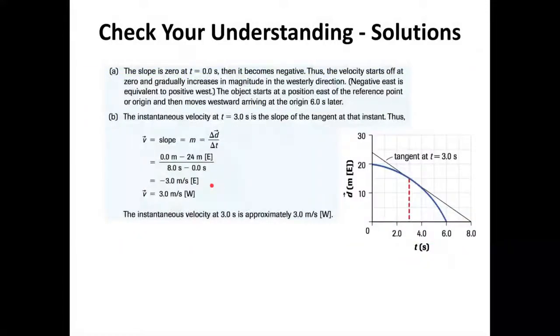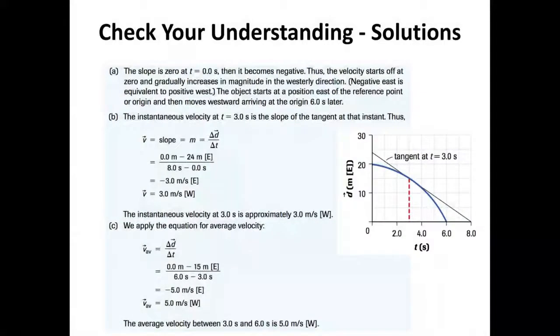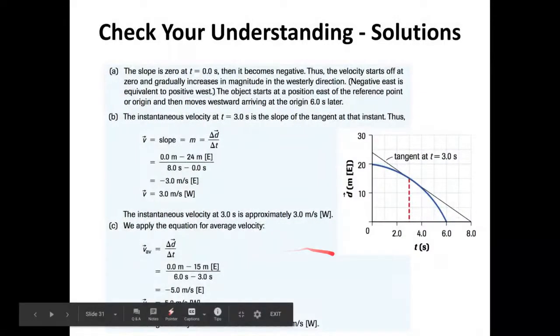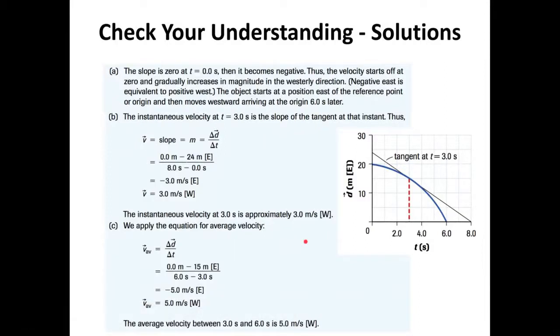The equation for average velocity is the displacement over the change in time for that particular time interval. So the time interval that they're talking about is from 3 to 6 seconds. So the final time is 6, the initial time is 3. So we need to know the final position minus the initial position at those times.